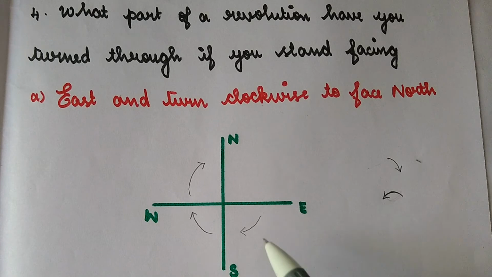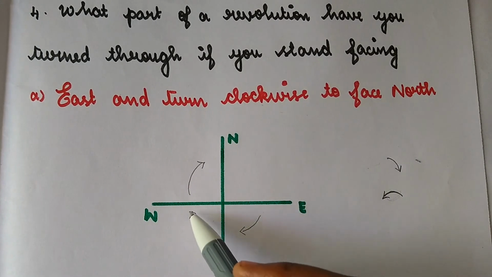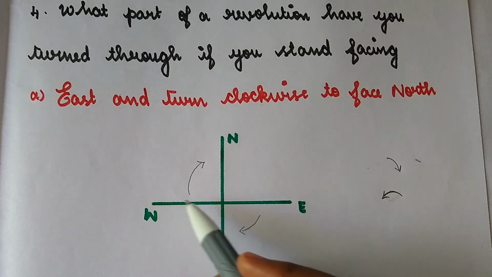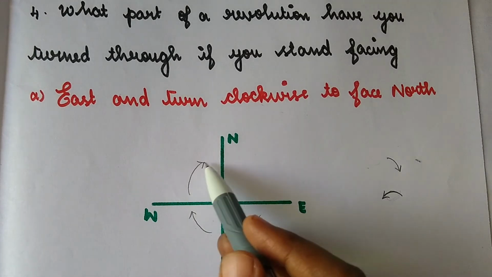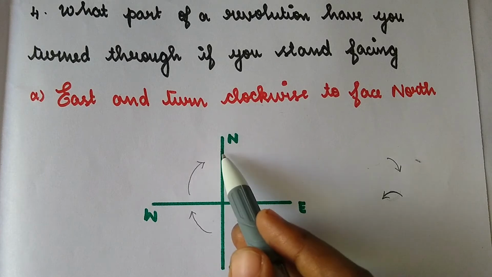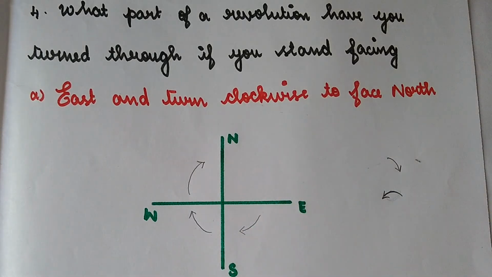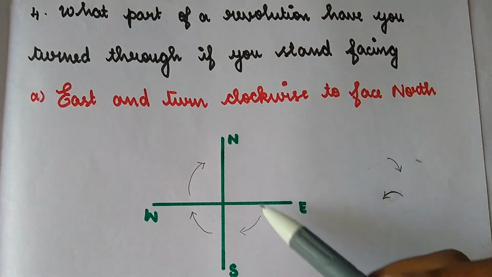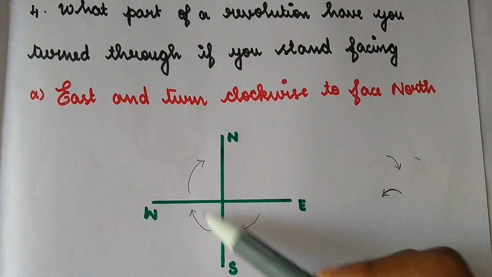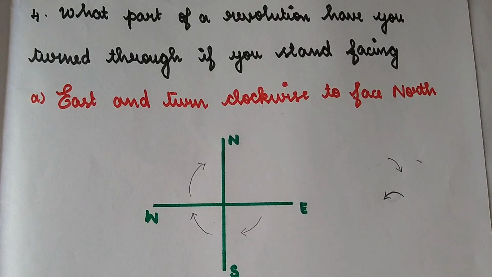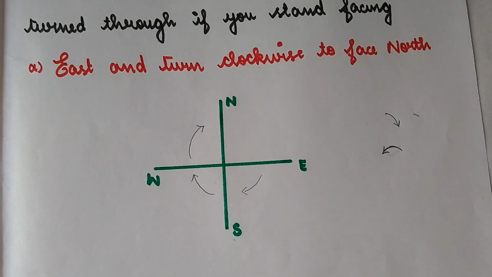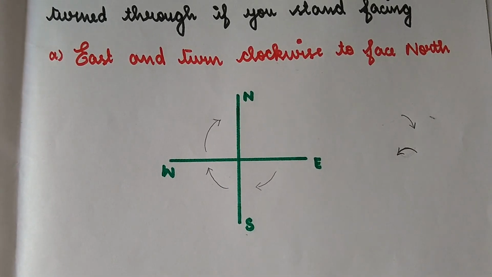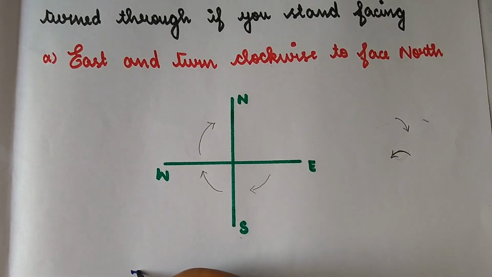By another right angle turn, you finally face west. Then we move. You have to face north. Okay, so we need 3 right angles. The answer is 3/4 revolution.